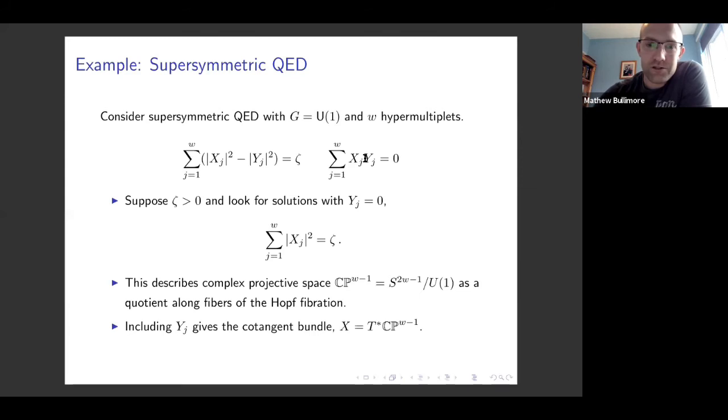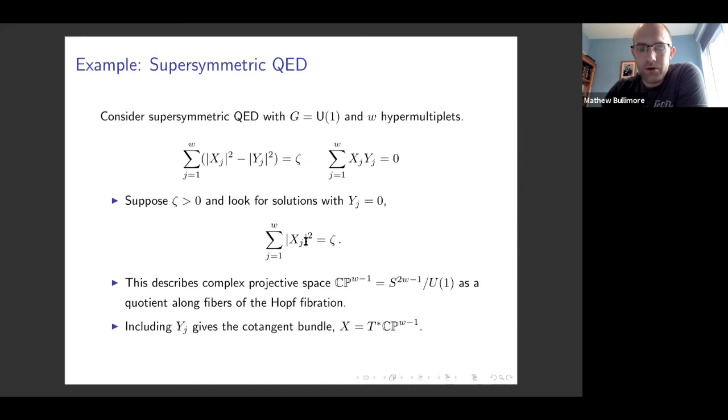If you try to look for a solution where X is 0, then obviously the first equation can't be solved. So let's just look for solutions where Y is 0. In that case, the real equation just looks like this, and that describes a sphere of dimension 2W - 1.